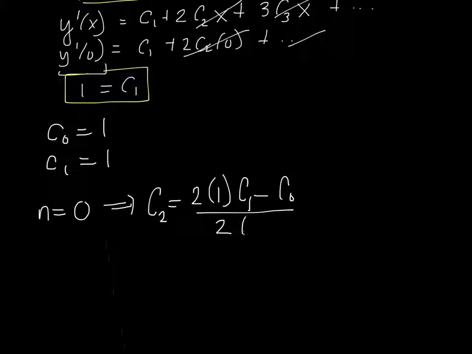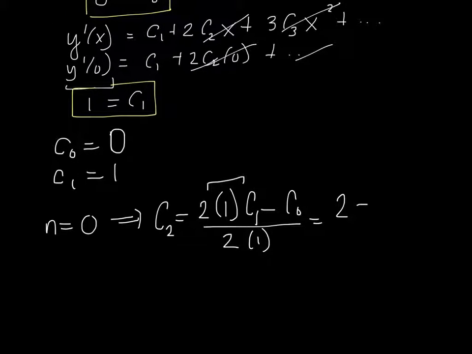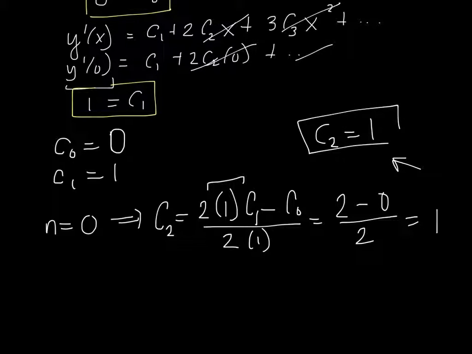So it's 2 times c1, but c1 is 1, so 2 times 1, minus c naught, which is actually 0, my c naught was 0, not 1. So that's 2 minus 0, all over 2, and I get 1. So c2 is also 1.